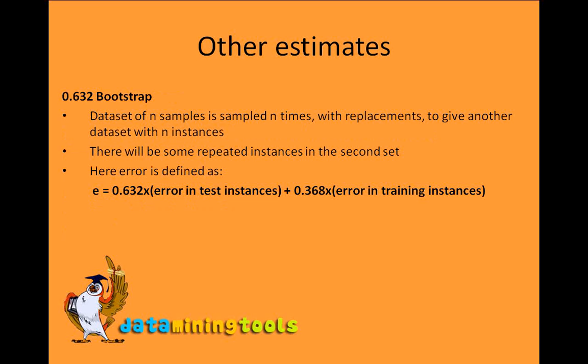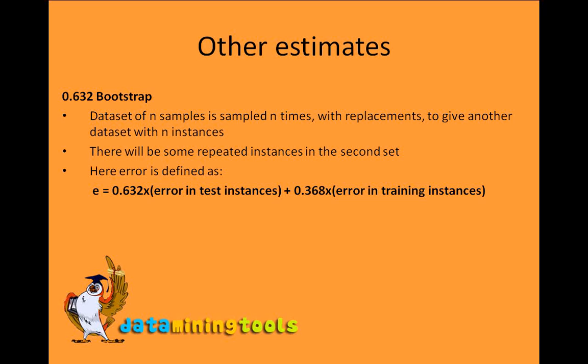The next technique we are going to study is the 0.632 bootstrap. So what do we do in bootstrap? Till now we were not reusing the data which we have. In bootstrap we reuse the data. What do we mean by reuse? The data of n samples is sampled n times with replacement.